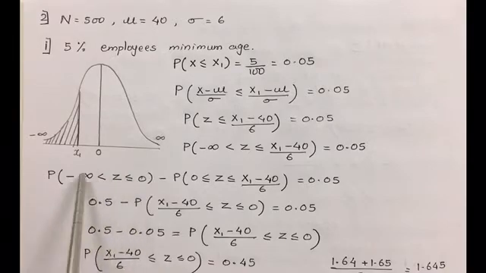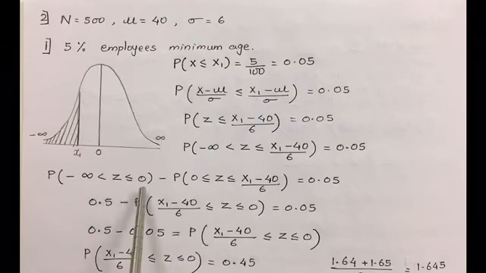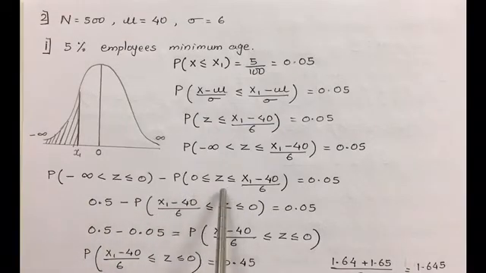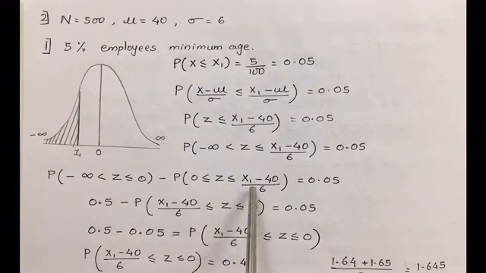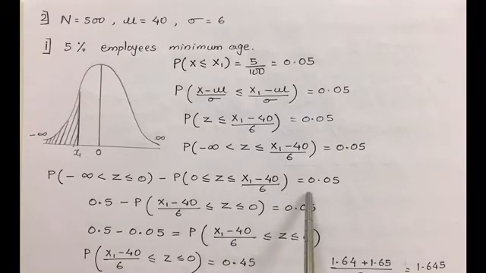So the first probability will be from minus infinity to 0. The reason is it is the maximum area it covers. Minus the probability of 0 less than or equal to z less than or equal to (x1 minus 40) divided by 6, that is equal to 0.05.